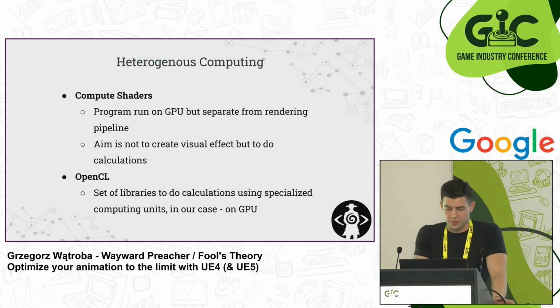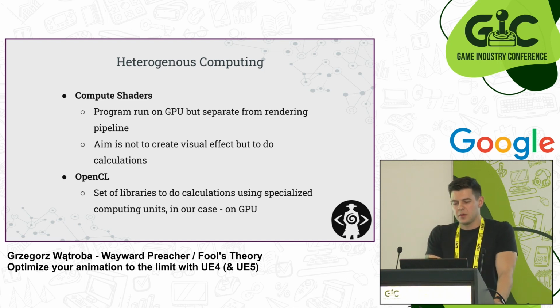Those are CPU and GPU. And GPU can be utilized in at least two ways. So first is compute shaders, which use specific instructions separated from the standard rendering pipeline, and provide calculations. Those calculations, if done on array-related problems, get solved very well.